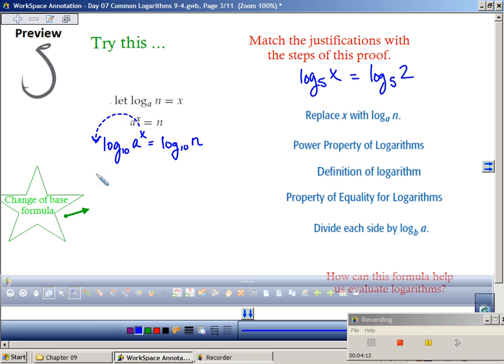All right, so an equivalent expression would be x times log base 10 a equals log base 10 to the n. Everybody with me so far? I have log base 10 and log base 10, and I've got an x in front of this. How do I undo multiplication, Colin? x is not going to be a fraction in this case, and you'll see why later.